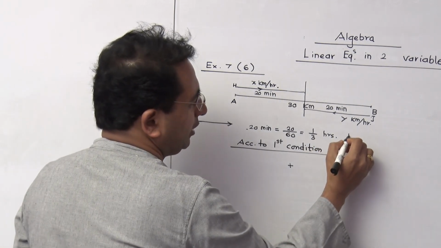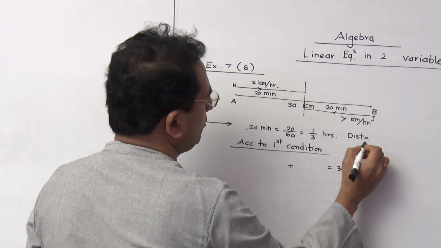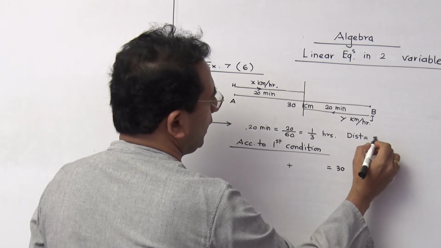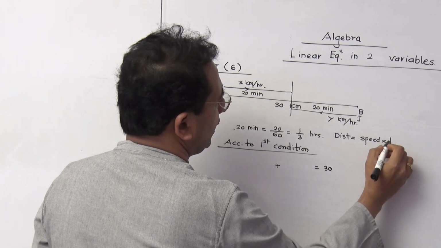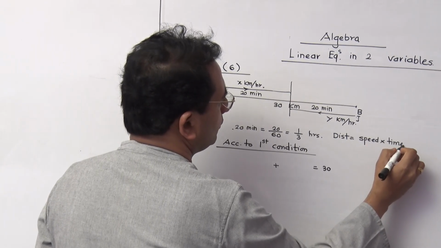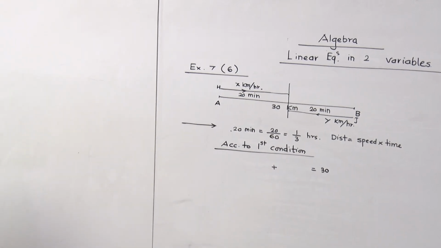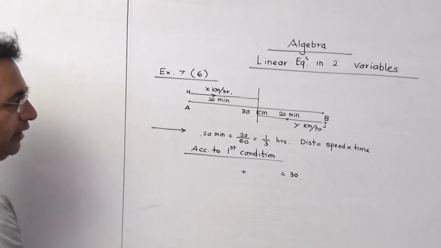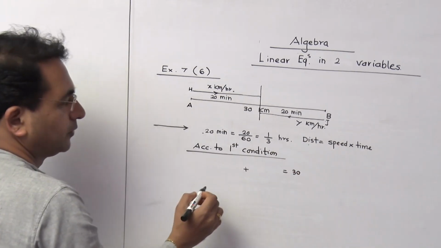And here I am writing a formula for your understanding. Distance is nothing but what we are going to write? Speed multiplied by time. Because the formula which we are using is distance upon time is speed. So distance is equal to speed multiplied by time.